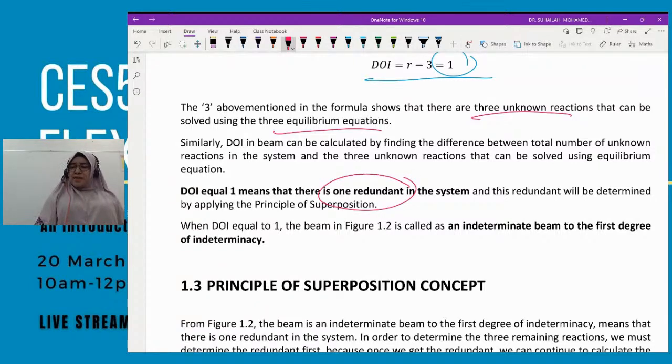And this redundant will be determined by applying the principle of superposition. Remember, we have to identify how many redundants are in the system. Identify the redundant, remove the redundant, and then we will determine the redundant by applying the principle of superposition.